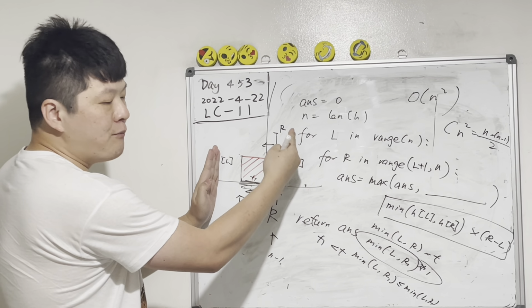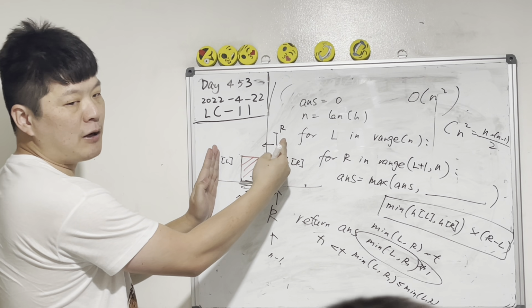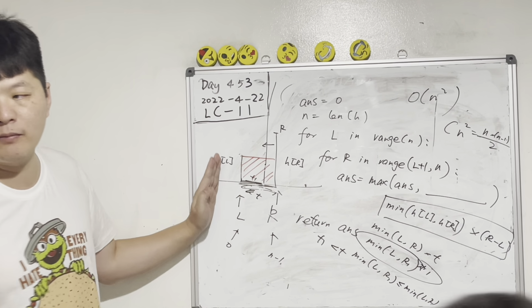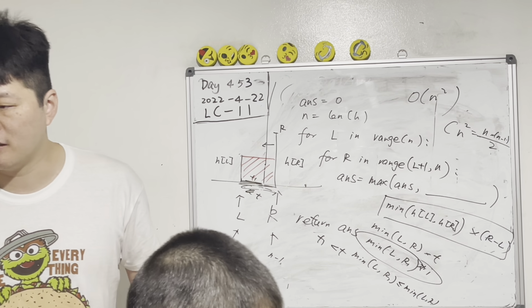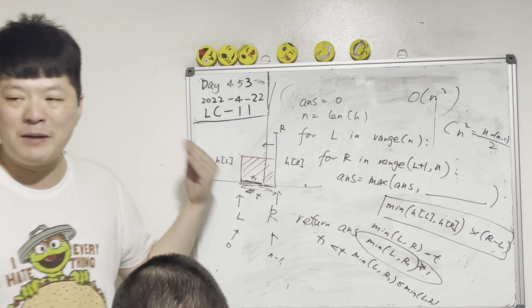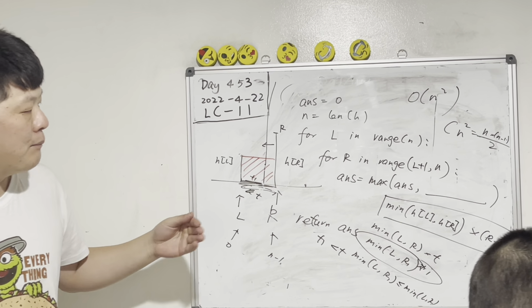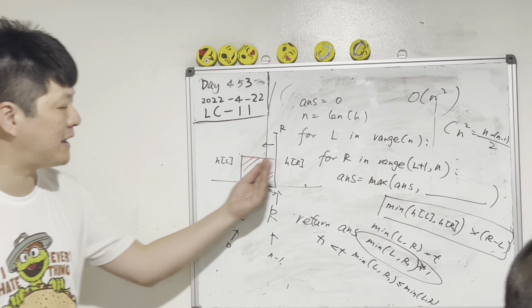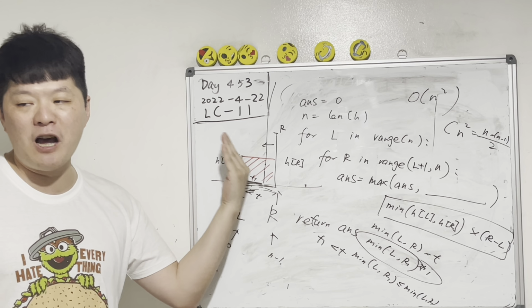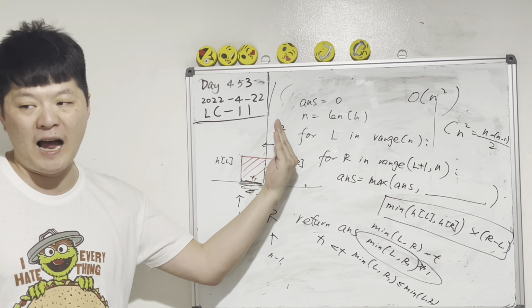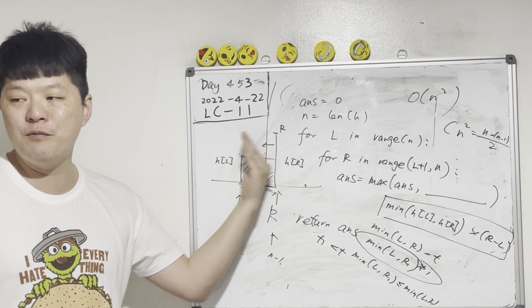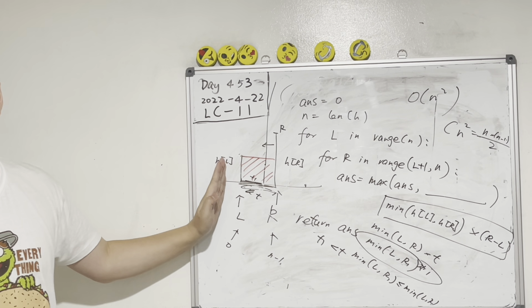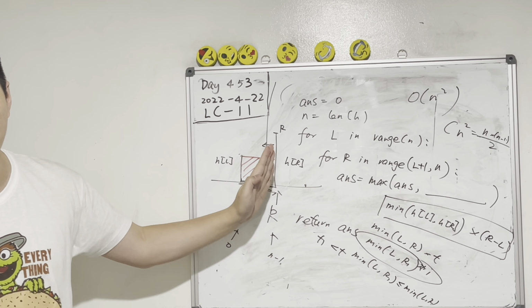So what does it mean? If I move a taller bar towards the left, we don't get a better choice. In other words, we don't need to try these R, because we know we don't get a better one. So we don't move it. In that case, we just move the L towards the right.